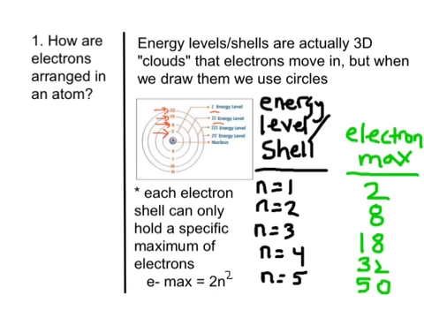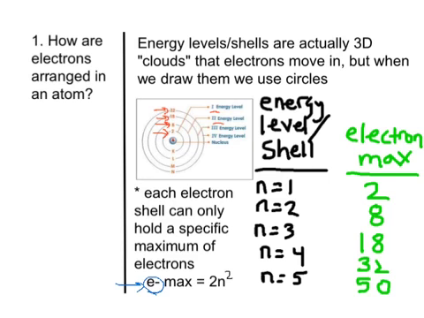Okay, so again, each electron shell or electron energy level can only hold a specific maximum of electrons. And so the electron maximum that we see down here, oftentimes electrons is abbreviated E with a little minus sign by it because electrons have a negative charge. So the electron max in each shell is going to be equal to 2 times the N number, or the shell number, squared.